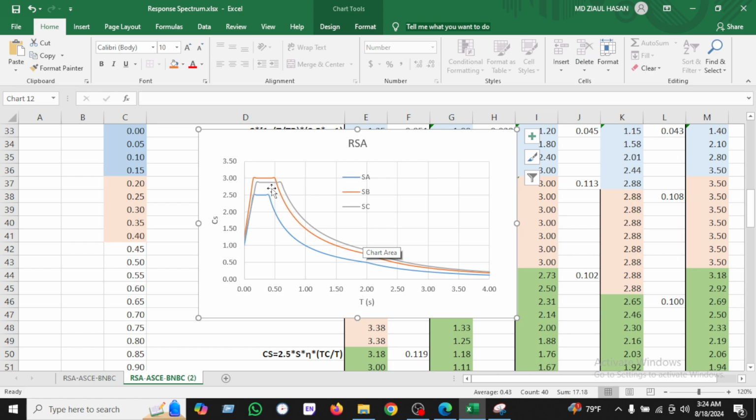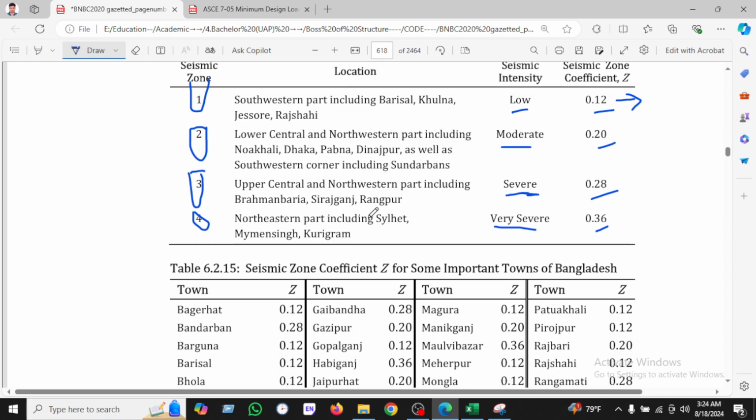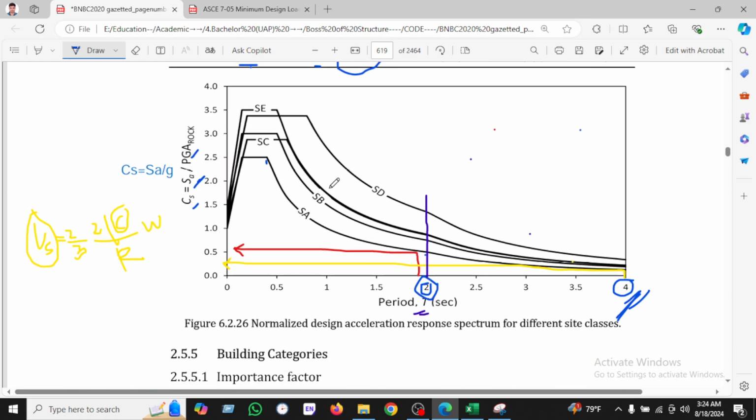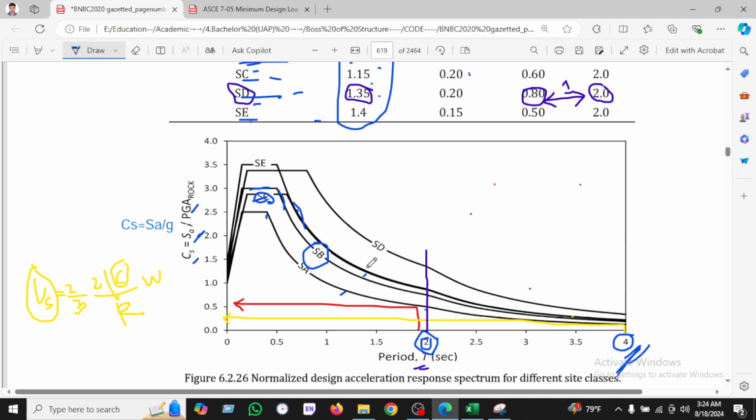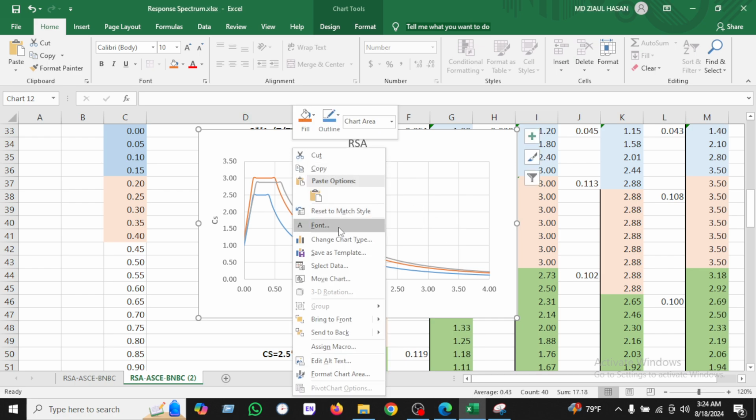We can see Sc is lower than Sb. If you see the response spectrum curves, here is Sc, but Sb is here. Sb is higher than Sc. So I have drawn 1, 2, 3 curves. In the same way, we will take Sd.